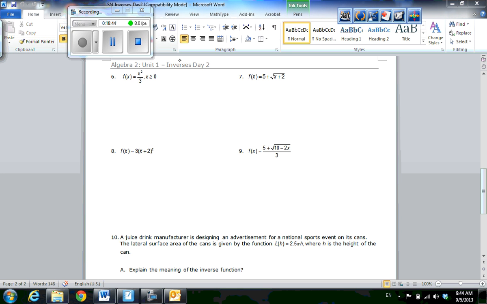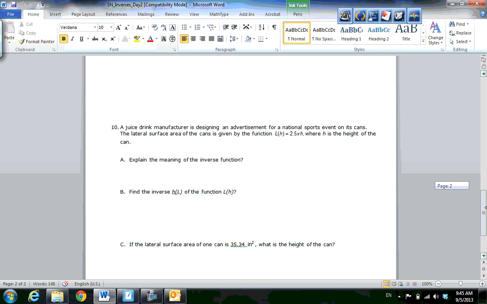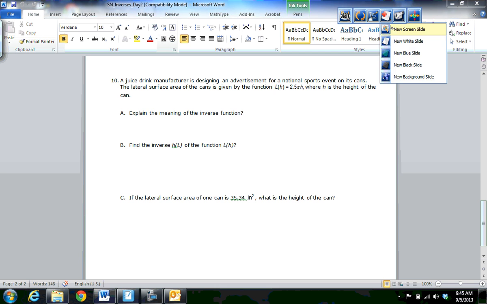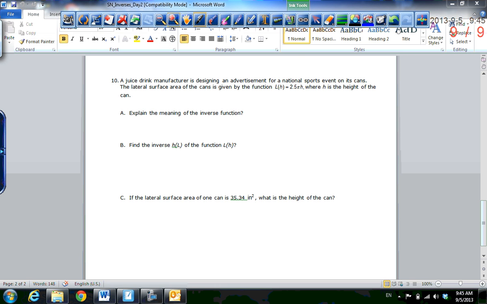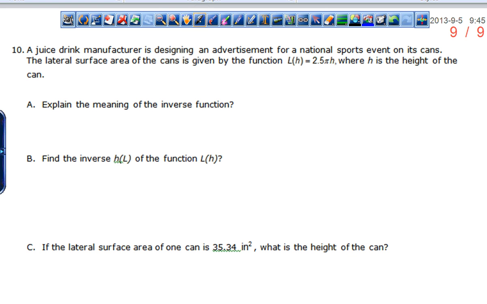Word problem? Alright, we got Judith manufacturing north portion. We got an equation right there. h is the height of the can. L is the lateral surface area. Explain the meaning of the inverse function. So here, what we're saying is that the surface area depends on the height.